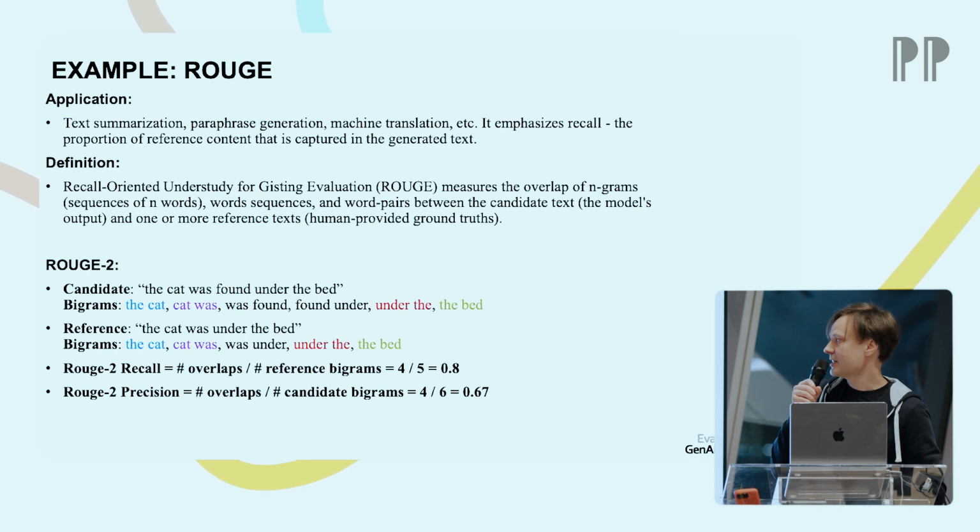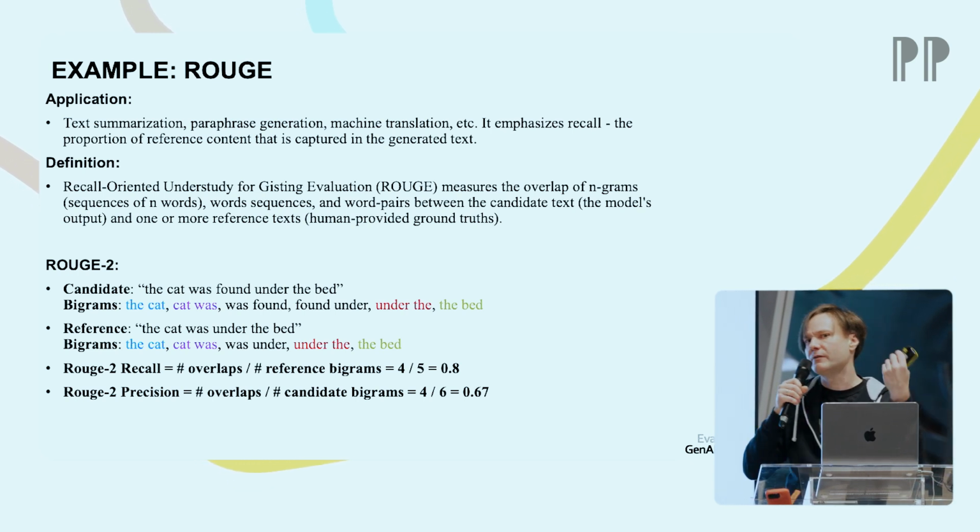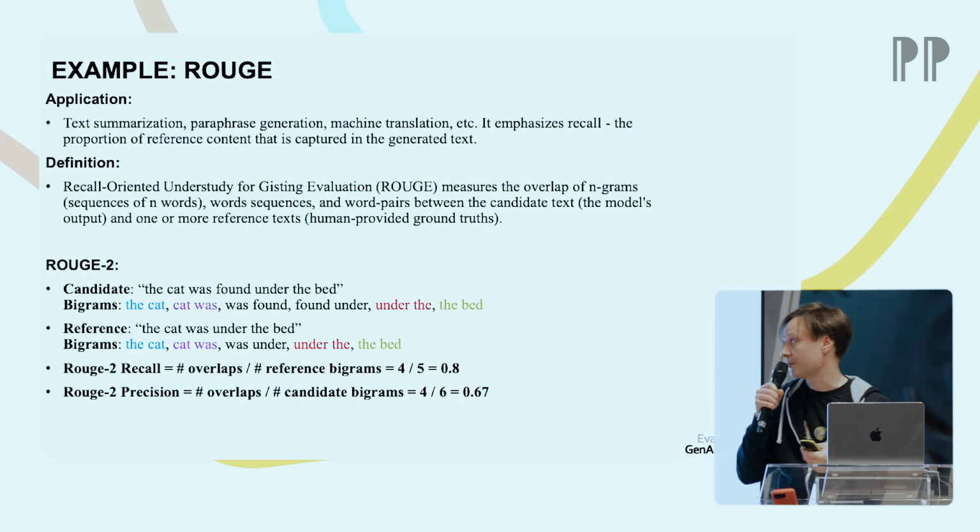For this metric, you need to provide the ideal output of the model. And then it's just a technical task to give you a concrete number from 0 to 1 for how good it is. The definition itself is a bit cumbersome because it's a definition for a whole family of metrics.